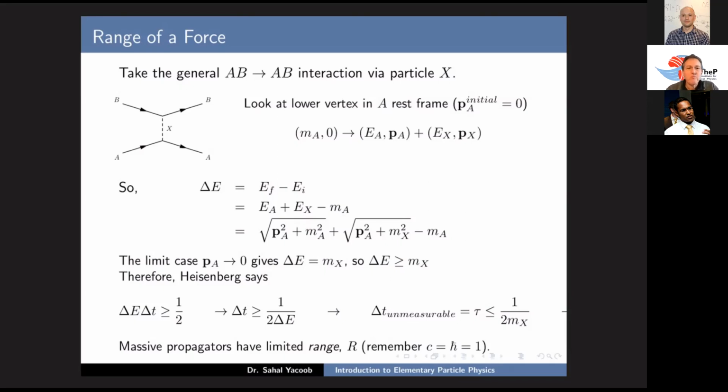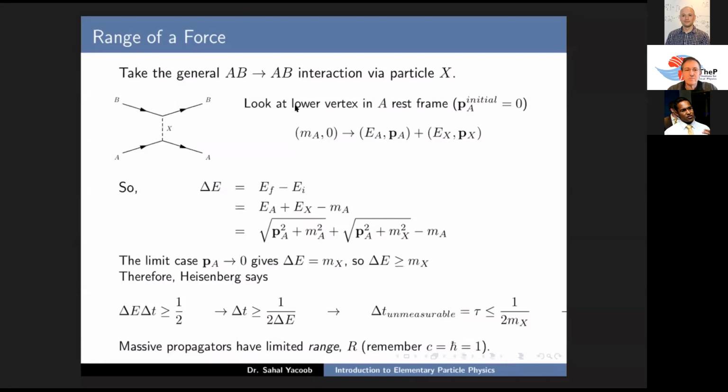Sorry, it's not updating. What I'm looking at is different to what you're looking at. Are you still seeing range of a force? Yes. I have changed what I'm sharing to be something else, but it doesn't seem to be updating.